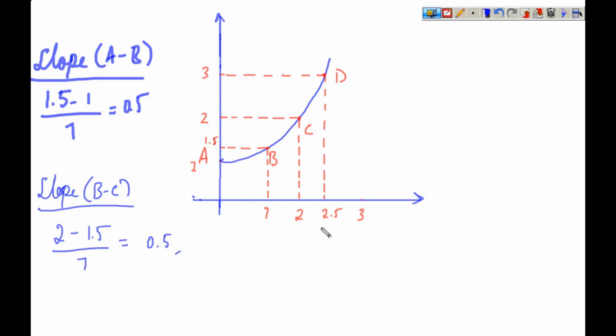Then slope between C to D is 3 minus 2 by 2.5 minus 2 equals 2. So we can see that the slope of C to D is different than slope of B to C.